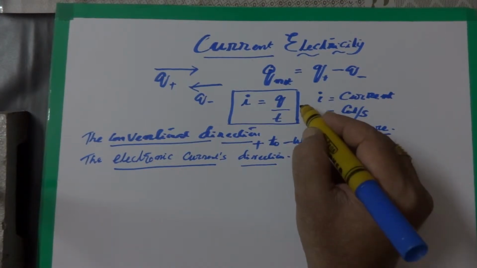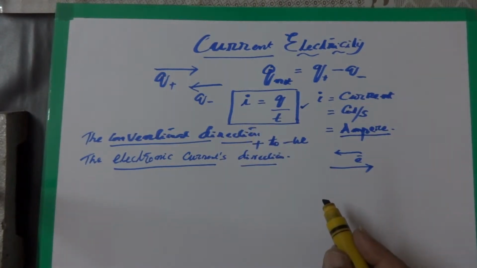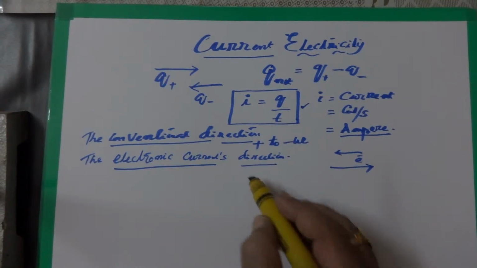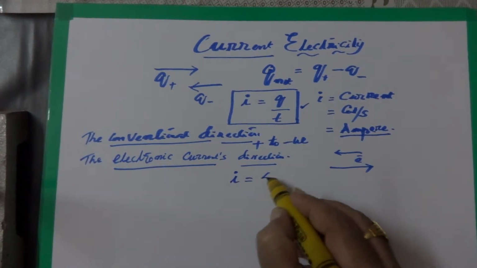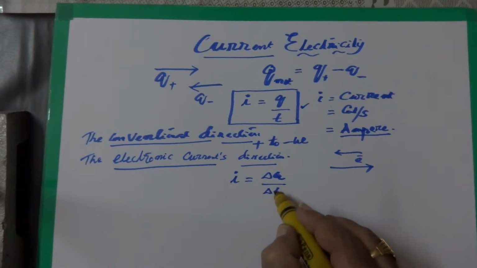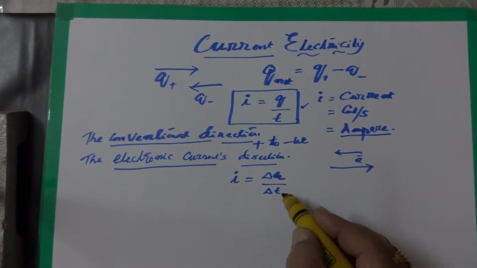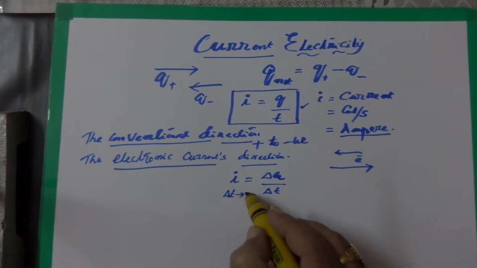So this definition is valid when steady current is there. It's not possible that always the steady current is there. Therefore, to generalize the definition of the current, we write I is equal to delta Q by delta T. Here we take the limit of delta T tending to 0.